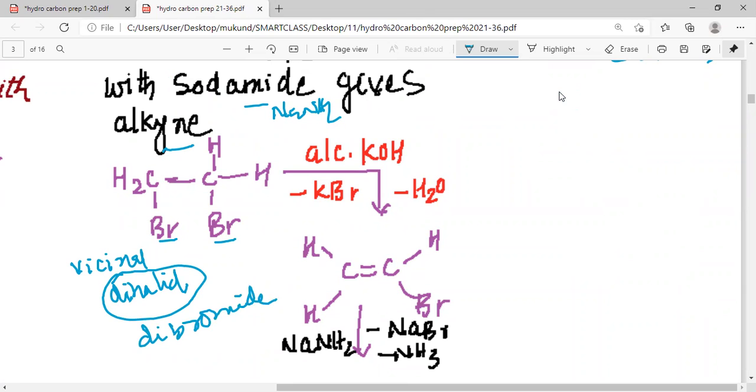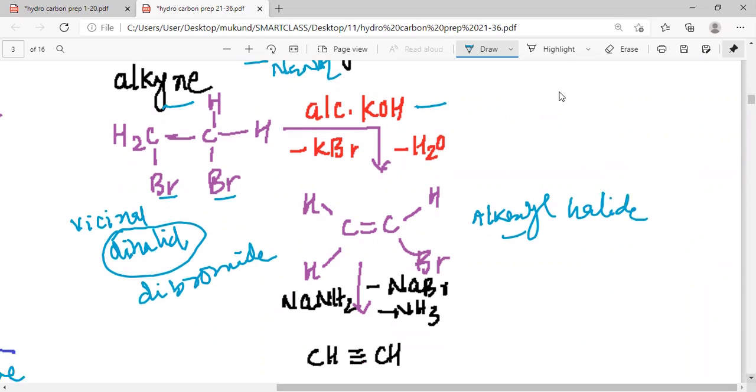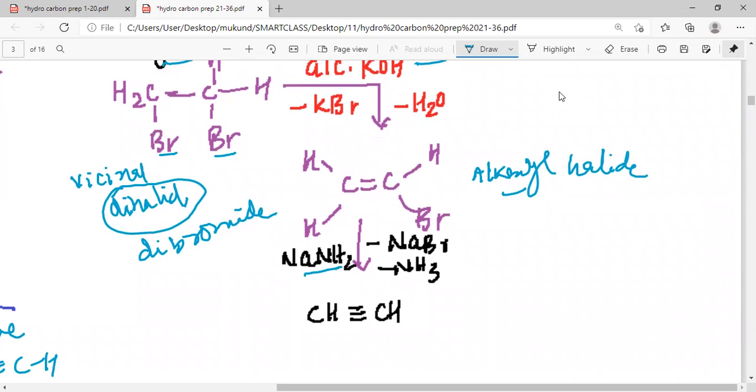On treatment with alcoholic KOH, my dear students, it gives us the alkenyl halide. And this alkenyl halide on treatment with sodamide gives us ethyne.